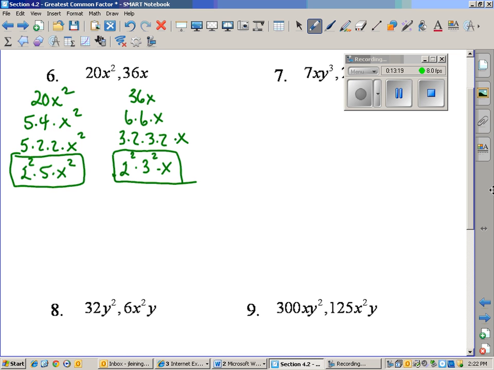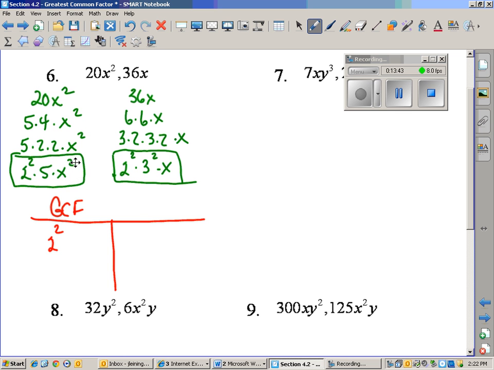Now I'm ready to make the T-chart. I'll try to squeeze it in down here. GCF. I'm looking for the numbers I have in common. I have a 2 to the second power in both of them. That's good. We'll take him. I don't have a 5, and I don't have a 3 in both places. Now, what about my variable?